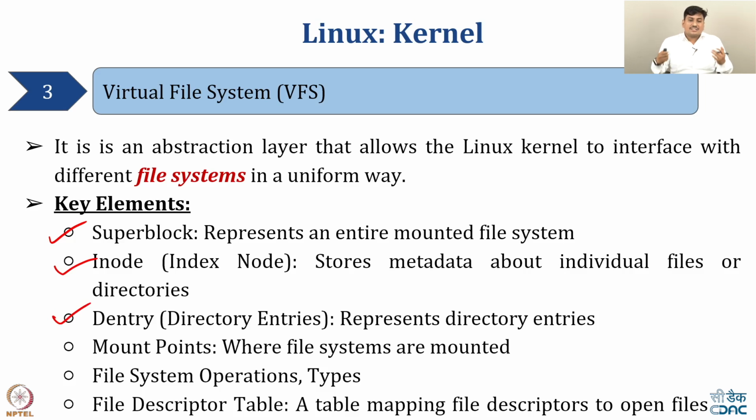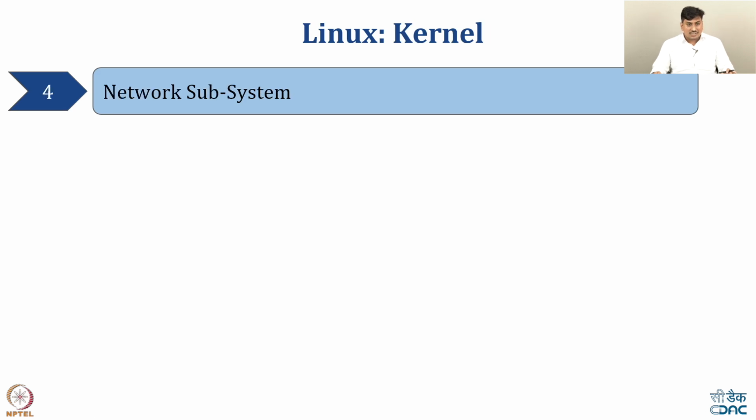All those things we will try to see in the upcoming slides. Then it also deals with mount points where the file systems are mounted, and different file operations and their types. So all these aspects are basically managed by the virtual file system component.